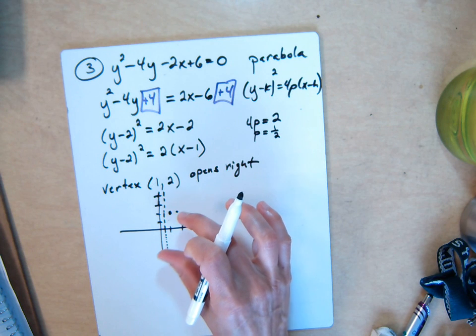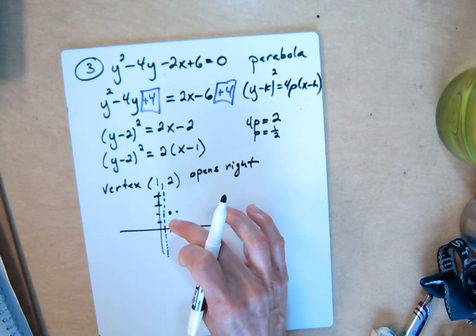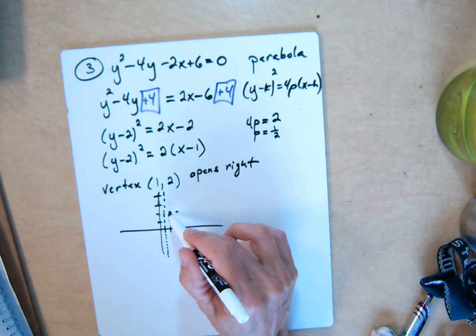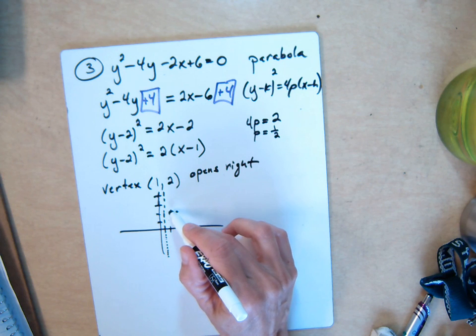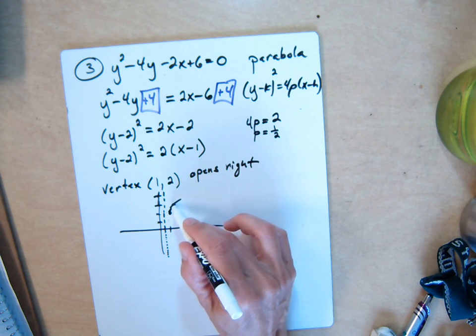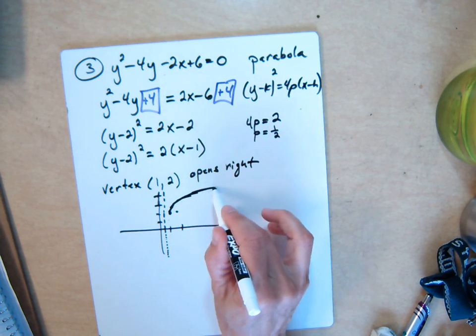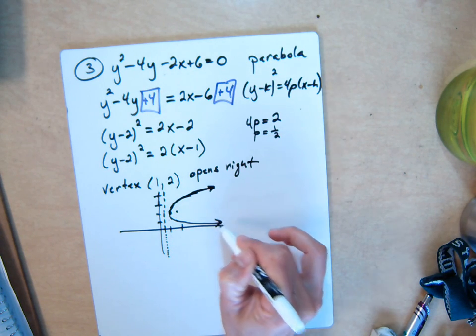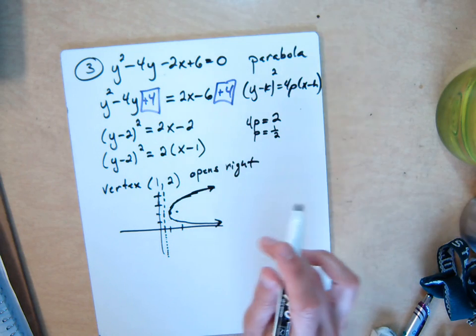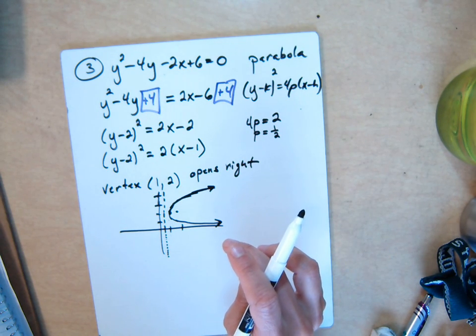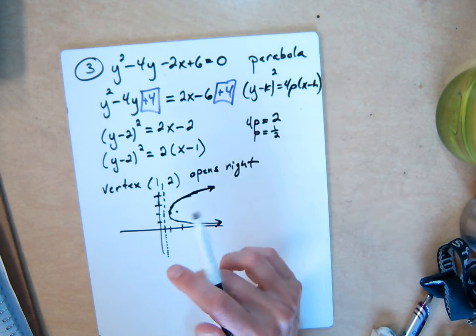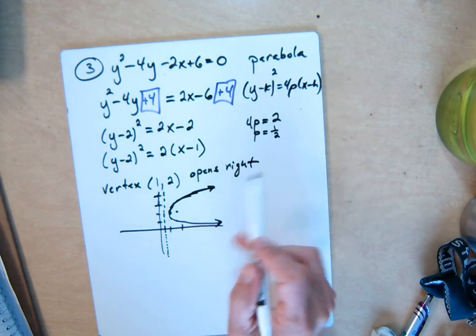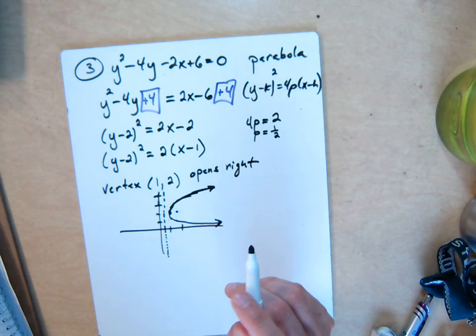Because they're closer together, this opens out more narrow. So then you can just sketch it. You don't have to do any more specific points. I'm really concerned about you making it open in the right direction and being able to find the focus and directrix than whether it's the right width or not.